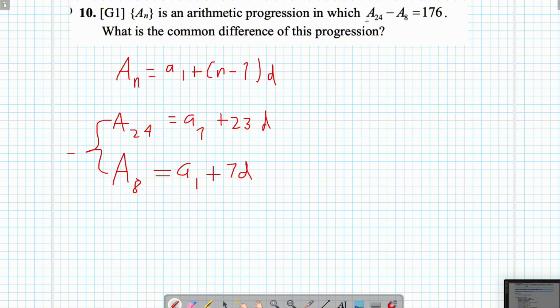A24 minus A8, they said, is equal to 176, and then the A1 will cancel out, so 176 is equal to 16D, D will be equal to 11.